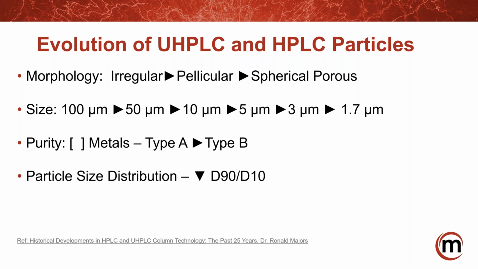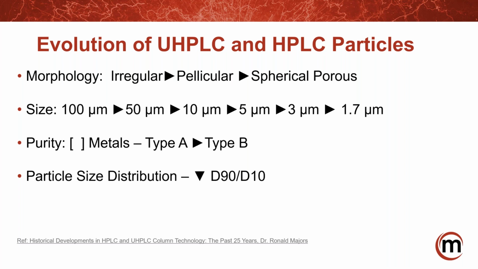The particle morphology has changed over the years. They originally were irregular shaped, then they became a pellicular glass bead, and then a fully porous spherical particle. The particle size has dramatically decreased. Some of the initial particles were 100 micron, and then 50, and then 10 and 5.